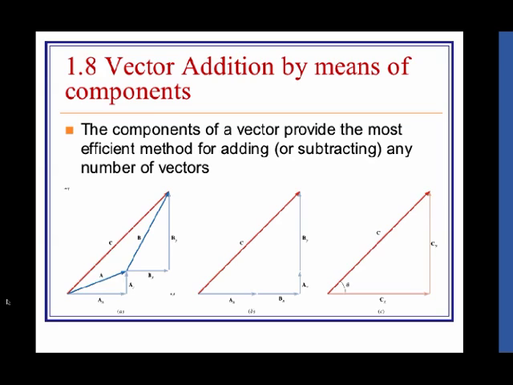Those will add together to equal the C component in the x direction. And on the vertical side, we have AY and BY. These add together to equal the C component in the vertical direction, giving us our resultant vector C.